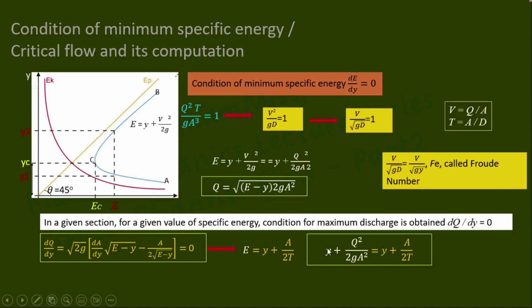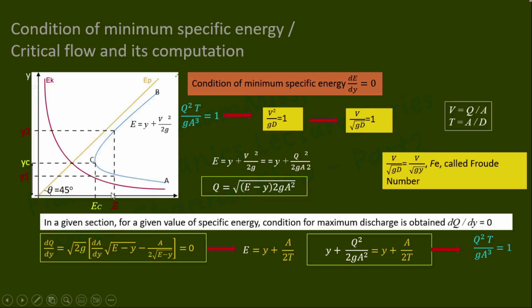Cancelling this y and modifying the equation, it turns into Q square T by gA cube equal to 1. So that means in a given section, for a given value of specific energy, the discharge is maximum when the flow is critical.